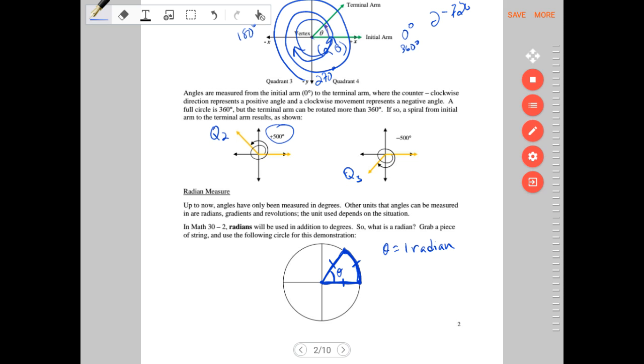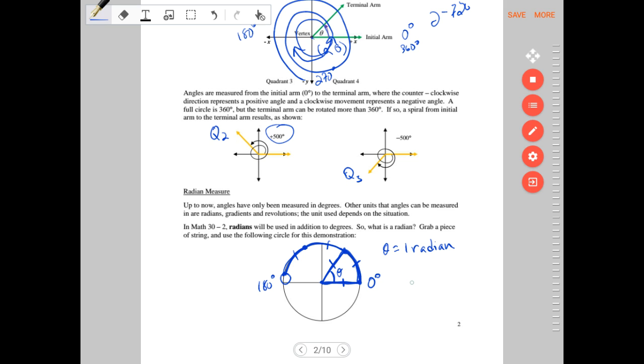Now I want you to take the string and flip it, so now we have it like this. That makes 2 parts of the circumference, and I want you to do it again. Then that becomes 3 parts of the circumference, 3 and a little tiny bit. So remember that this was 0 degrees, and this over here is 180 degrees.